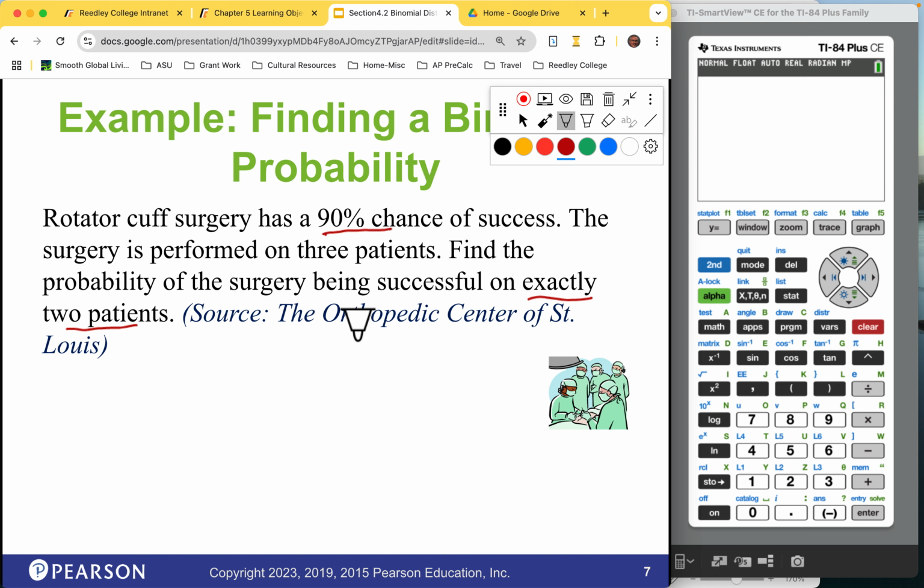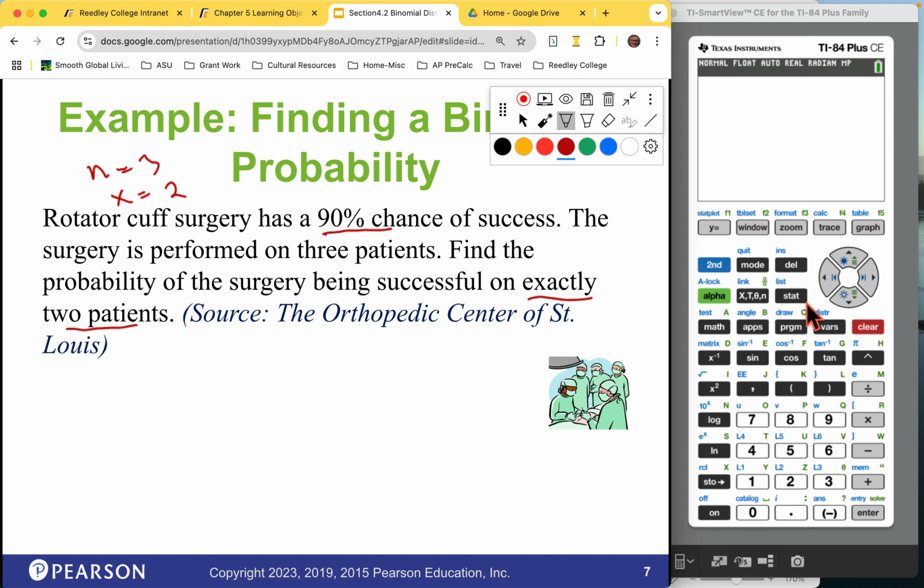What's the number of trials? Be careful here. 3 is the number of trials. 2 is the random variable, the x value. So in this case, n will be 3, x will be 2. Exactly 2, right?